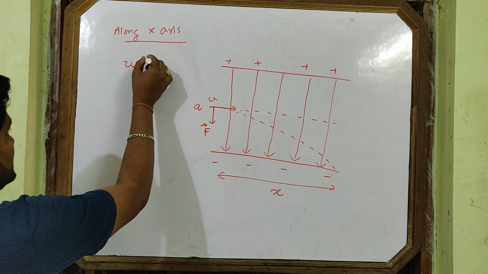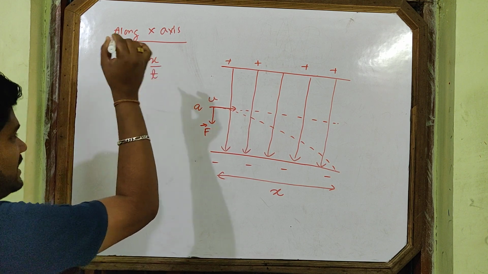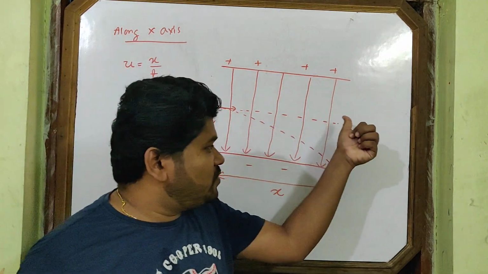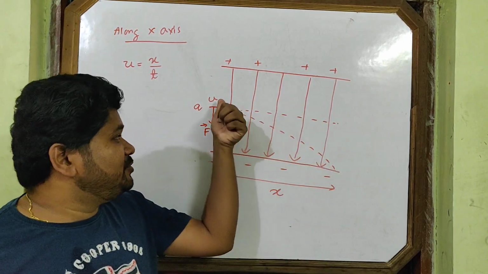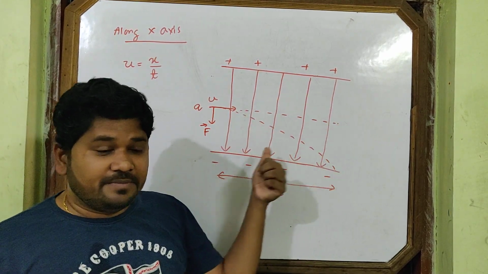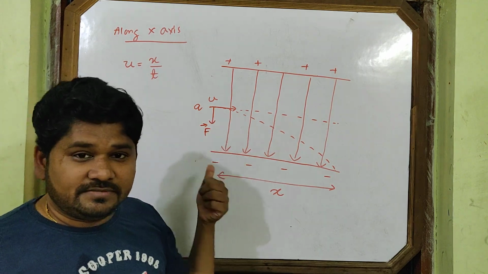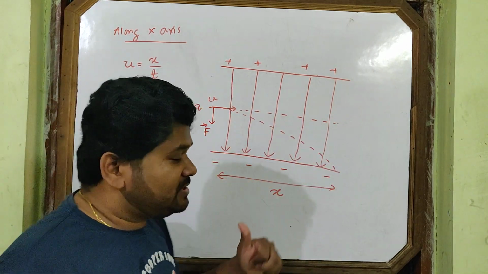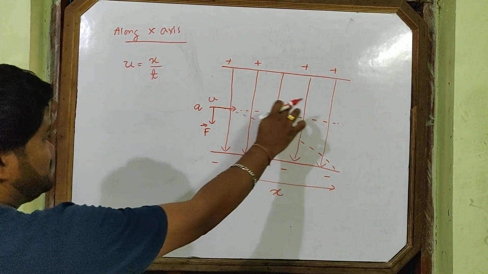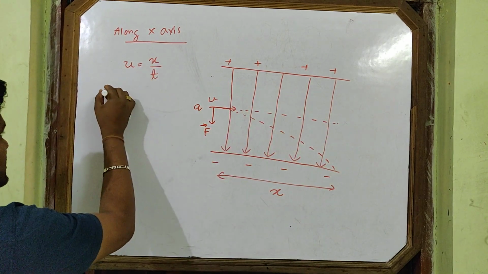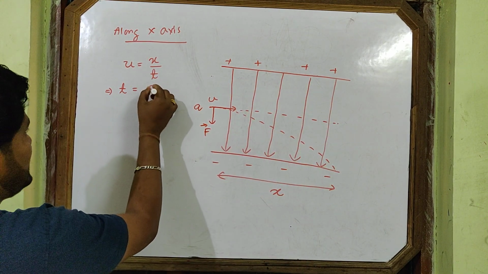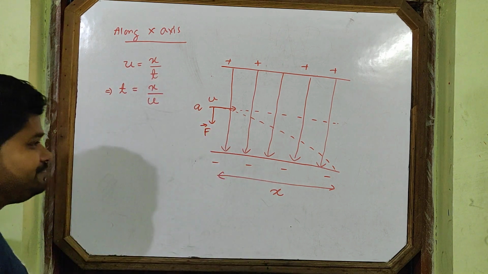Then velocity is equal to distance by time. Simply, there is no acceleration along this line. This u velocity always remains constant because the force acts perpendicular to it. So the horizontal velocity always remains constant. So this implies that t is equal to x by u.